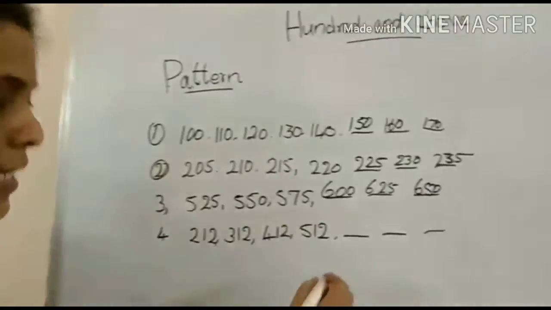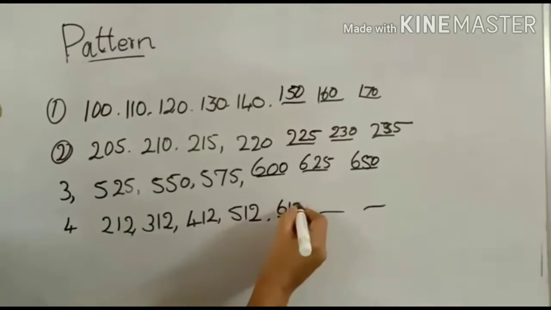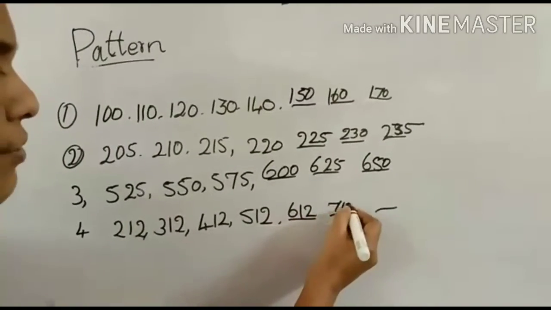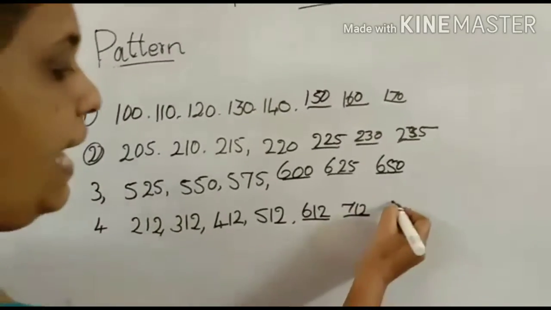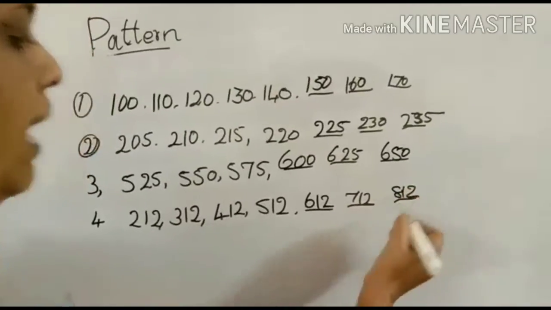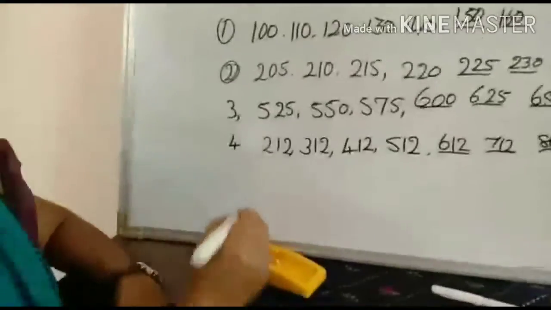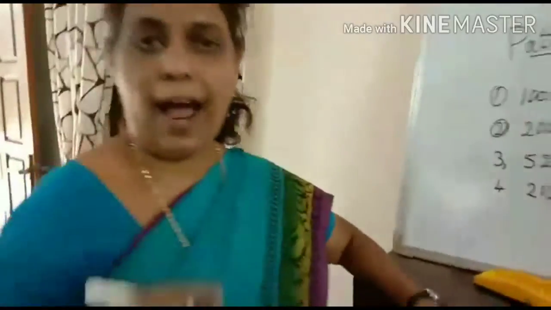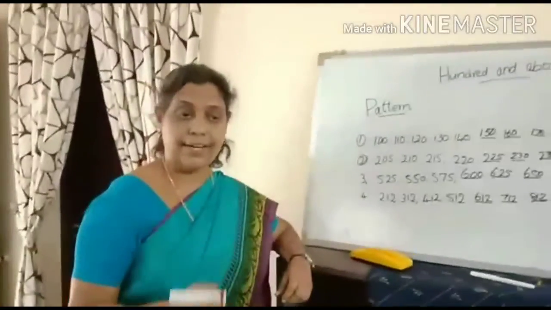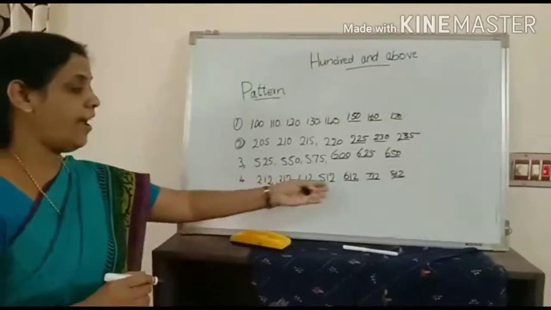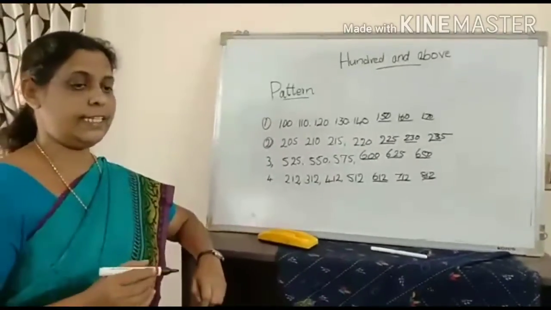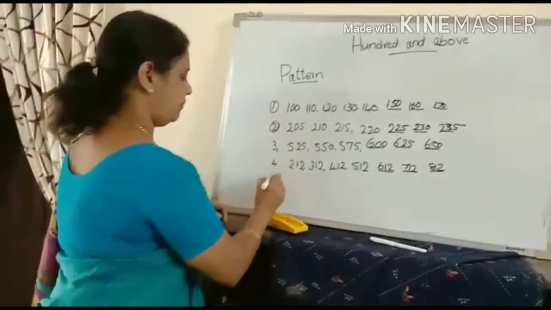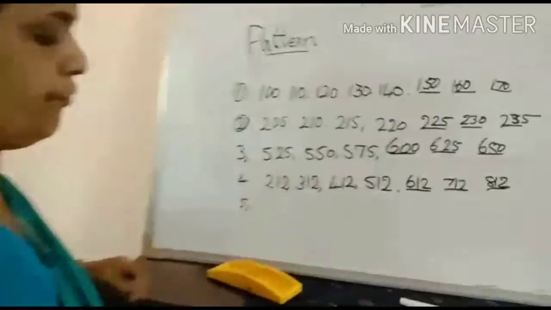The next one, 612. Yes, good. Then 712. Then next one, 812. Do you understand? The difference is 100. So we add 100 each time. Then see the next one, the fifth one.